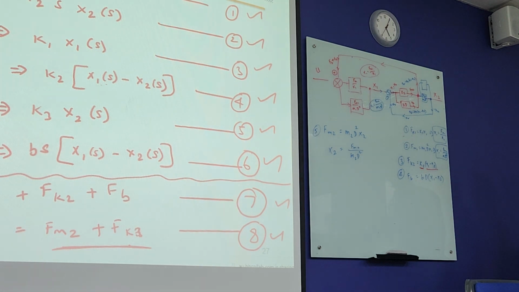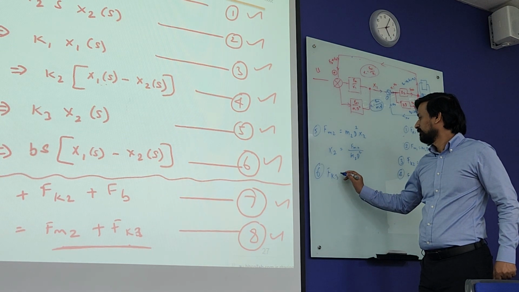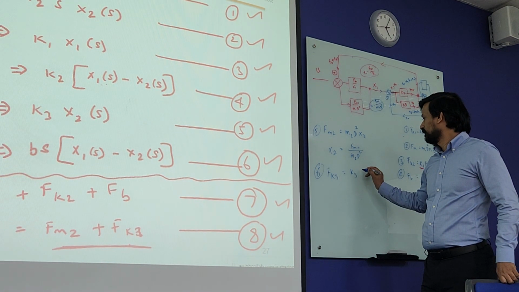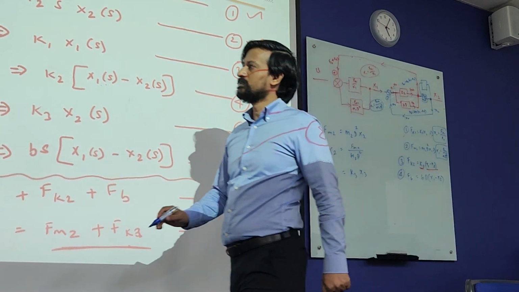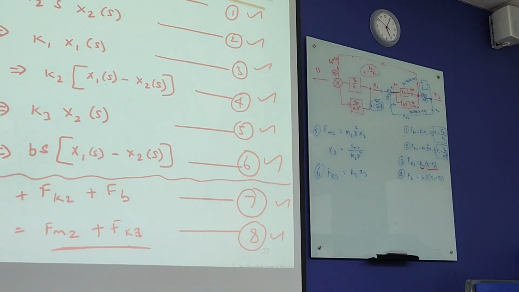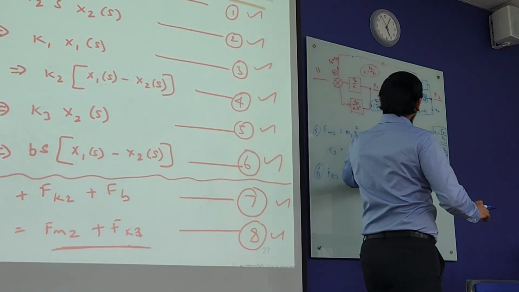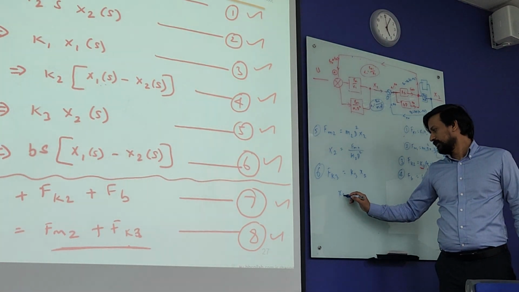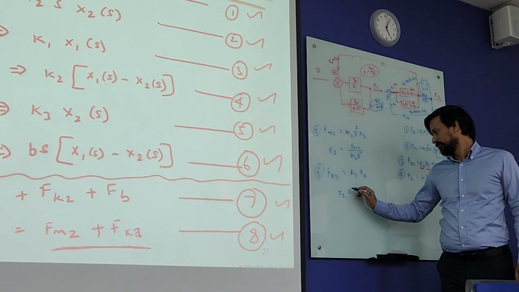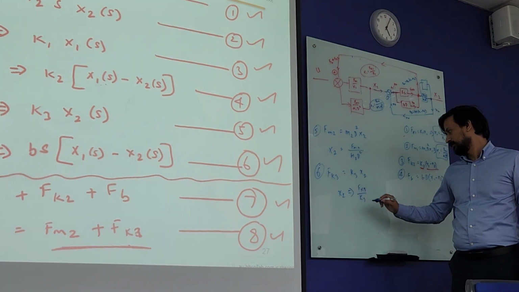What is K3? K3. Oh, 6. K3, X3. So yes, 7th is completed and K3, X2. Yeah, there is no 3. So X2 is nothing but K3 divided by K3.